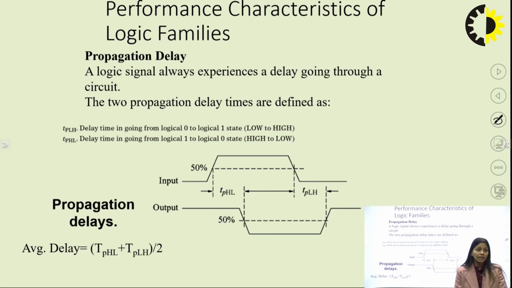Here propagation delay is in terms of TPHL and TPLH, that will be TPHL plus TPLH upon 2. Okay, high to low and low to high. Okay, why we are taking this at 50%? Because we have set some threshold to.